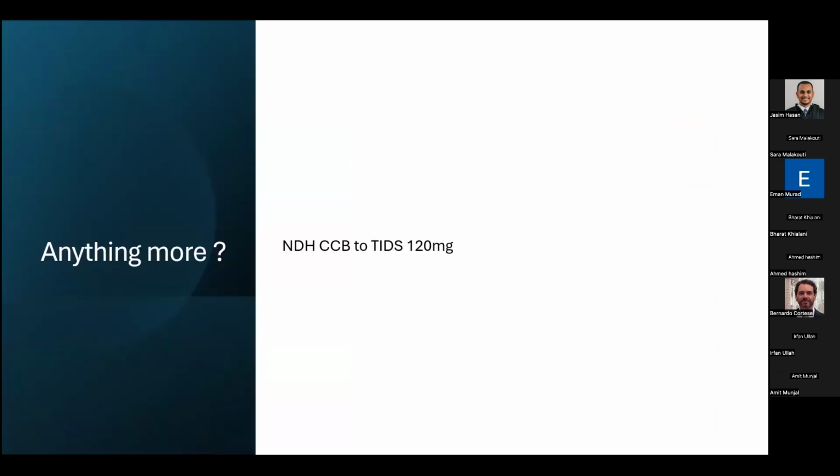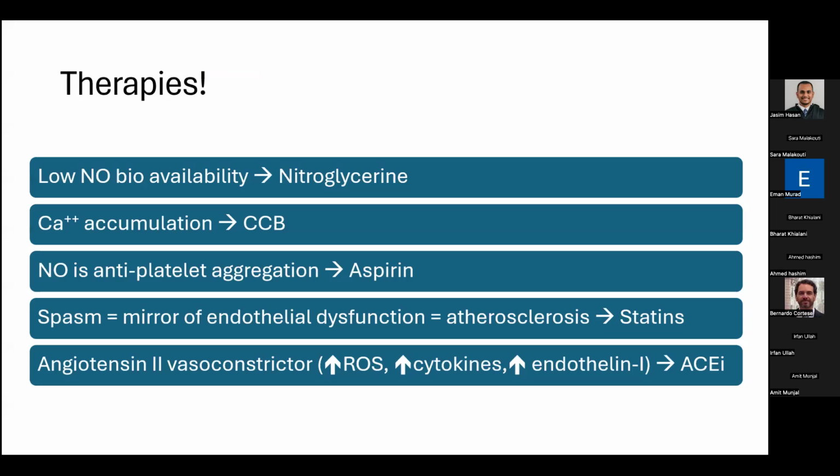So what did we do here? She had headache, if I remember well, during the nitrate patch that we gave her. So we increased the verapamil a little bit since she can tolerate it very well.